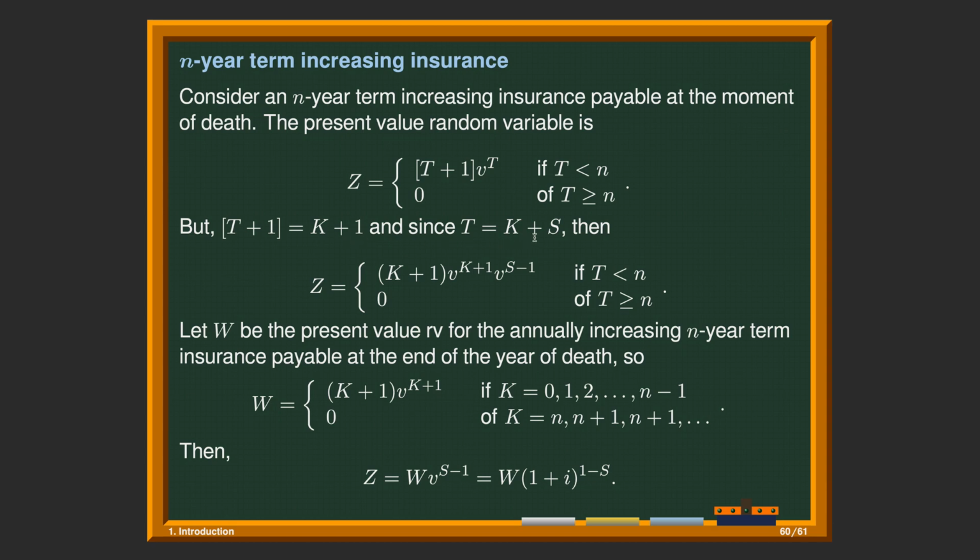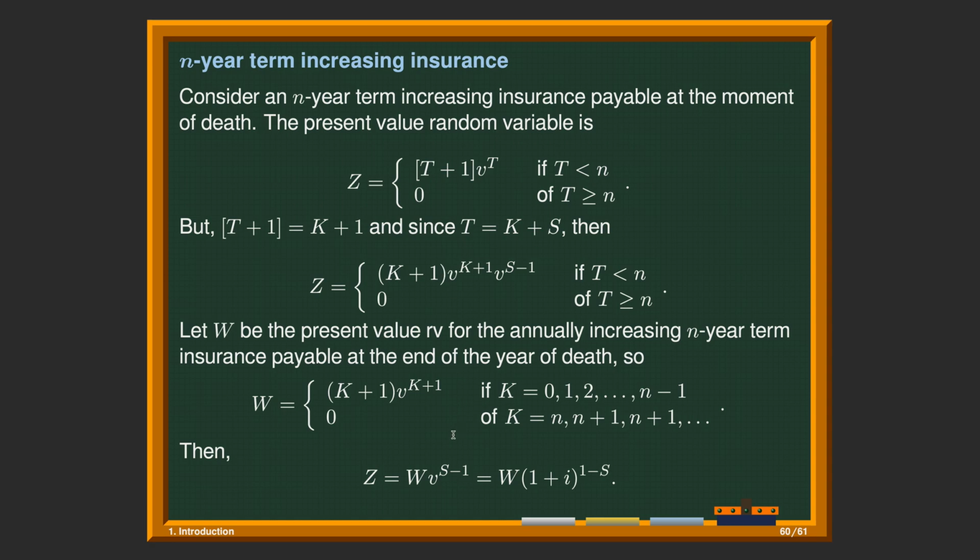And again, noting that T is K plus 1 plus S minus 1, we can re-express this as K plus 1 times V to the K plus 1 times V to the S minus 1 for all T less than n. Okay? So this expression can now be expressed this way.